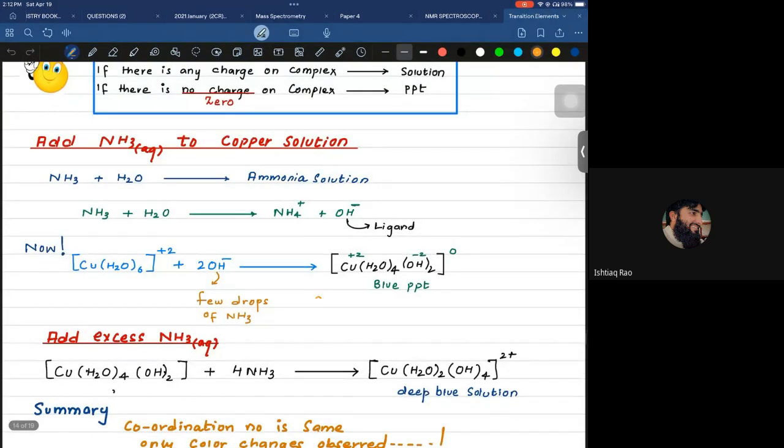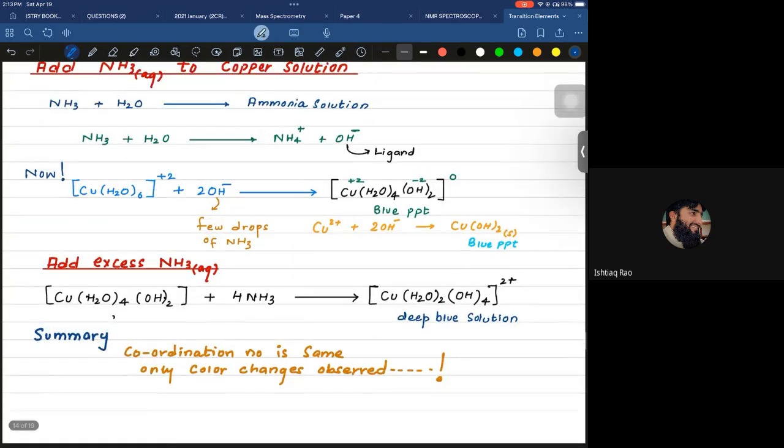Also you can represent it as copper +2 reacts with 2 OH minus ions, which are coming from ammonia. It would be giving you copper hydroxide, that is Cu(OH)2 solid. So Cu(OH)2 solid is a blue precipitate, blue PPT. Okay.